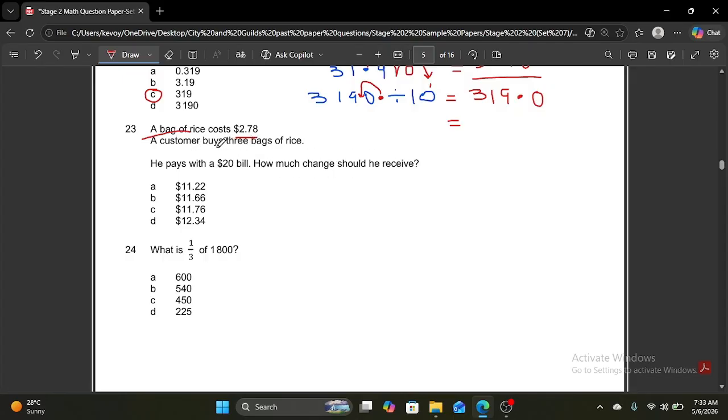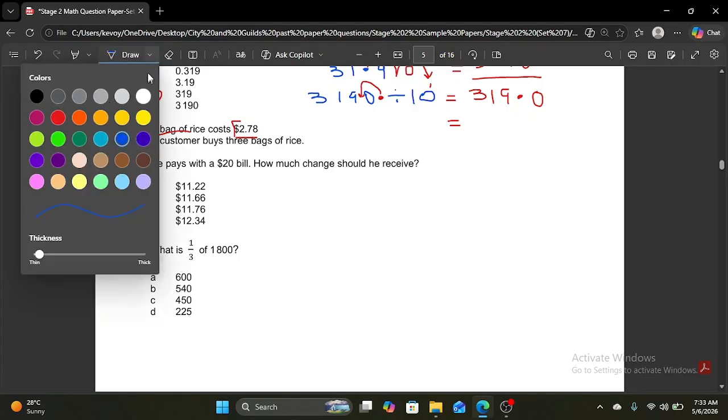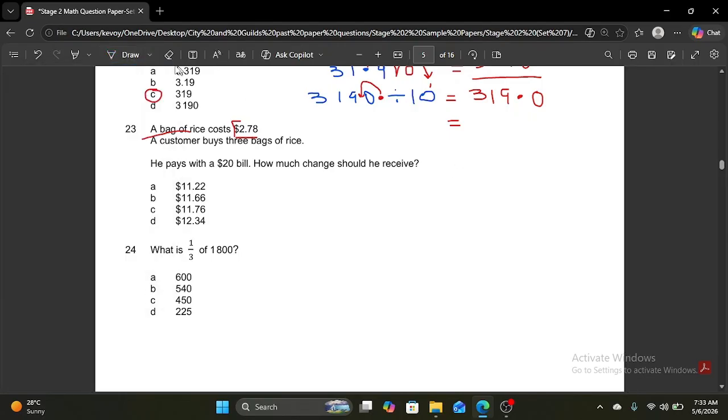Alright, so first things first, you need to know what 3 bags of rice are equal to. In order to know that, we're going to multiply the unit cost, the cost of 1, times 3. So 1 bag of rice costs $2.78.